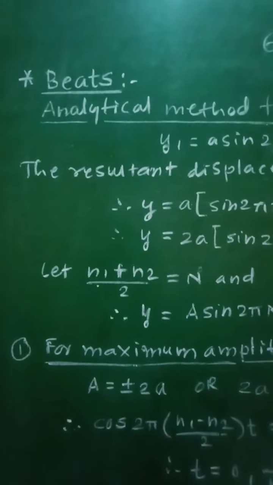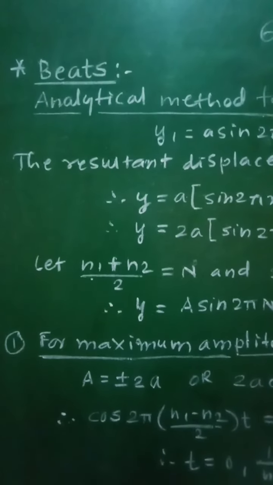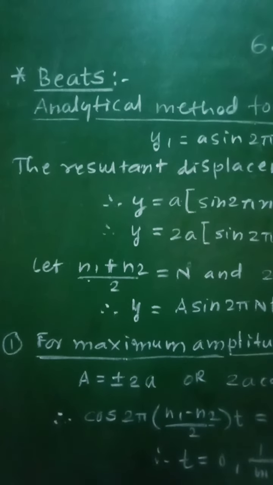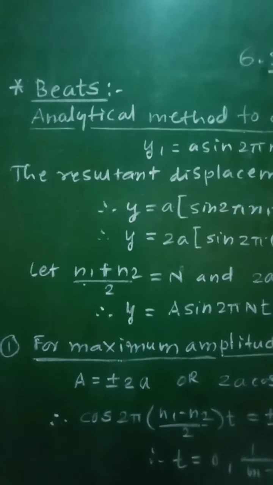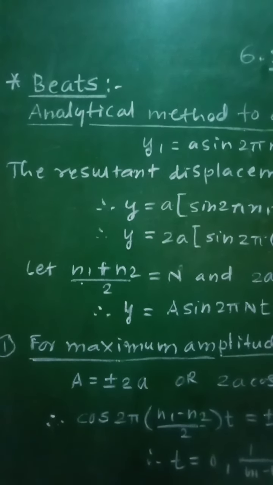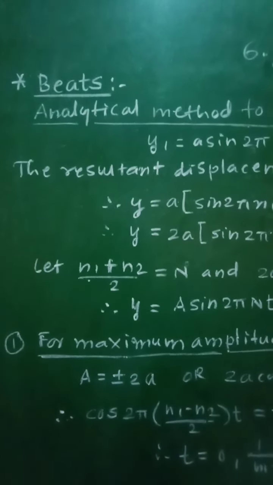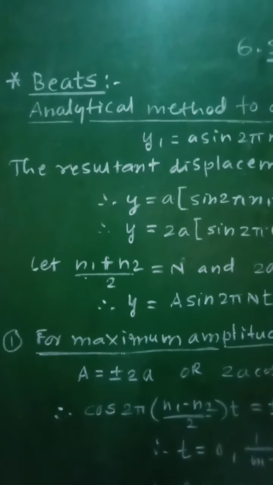When two sound waves having same amplitude but slightly different frequencies traveling in the same direction superimpose with each other, then the intensity of sound waves varies periodically with time, and this phenomenon is called the formation of beats.